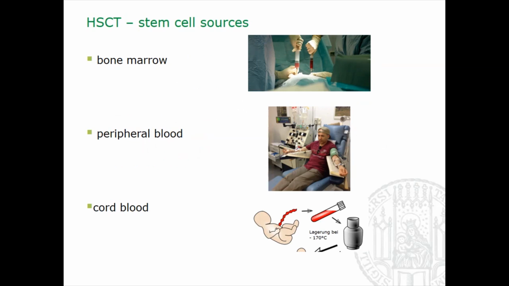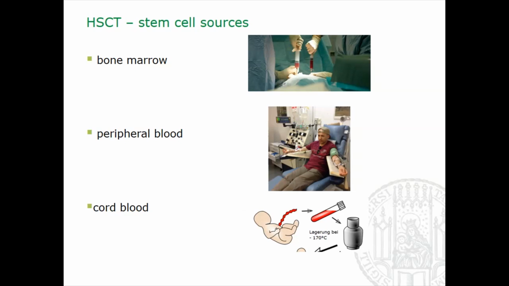Or you could harvest them from the peripheral blood, a so-called apheresis procedure, where the donor undergoes a 5-day stimulation with a drug called filgrastim, which mobilizes the stem cells from the bone marrow into the blood, and they can then be collected via a procedure where the blood is taken from one arm, goes into a machine, and the white blood cells are extracted, and the rest of the blood goes back into the other arm, back into the donor. And these are two very good options.